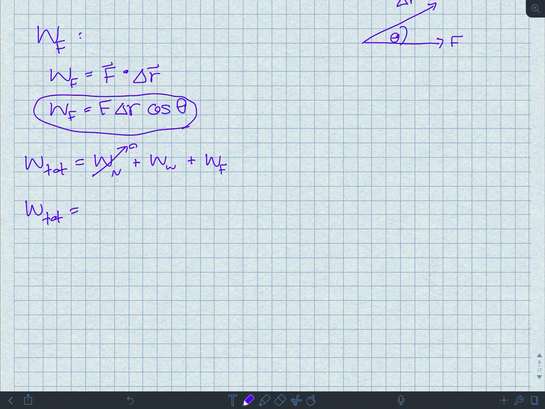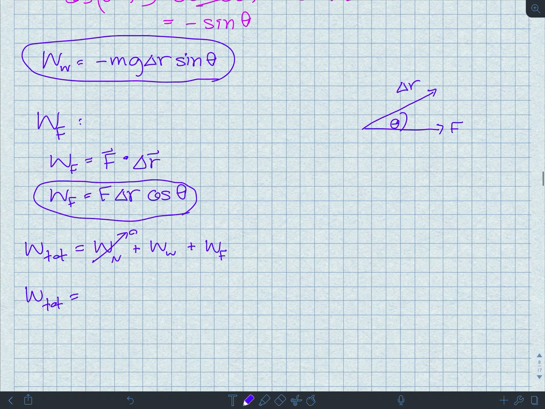Work done by the weight is minus mg delta R sine theta. The work done by the force F is F delta R cosine theta.